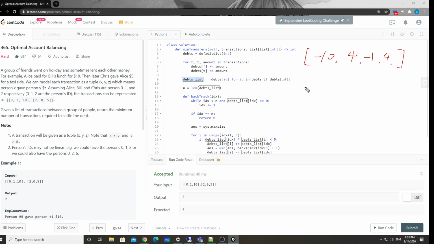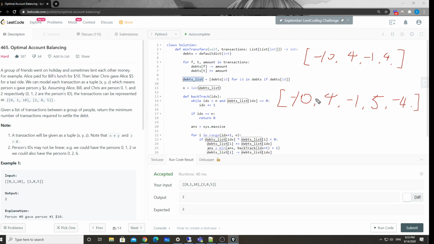Actually, from here onward, it's just as if we're having different arrays with different numbers, and we're being asked to do the transactions. Basically we're allowed to move some numbers from one location to another, right?